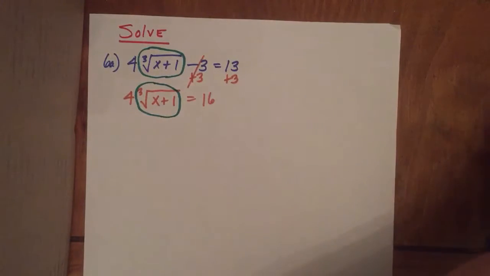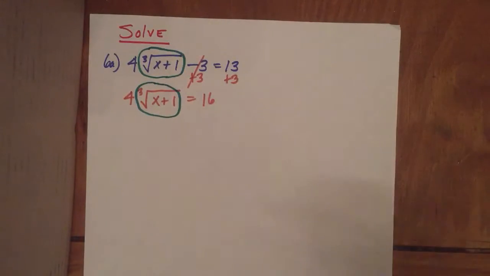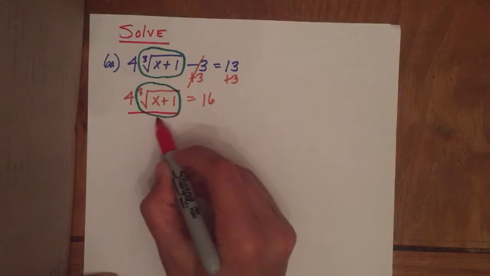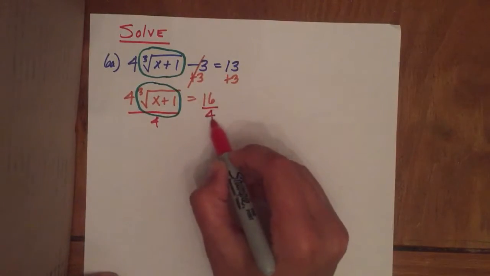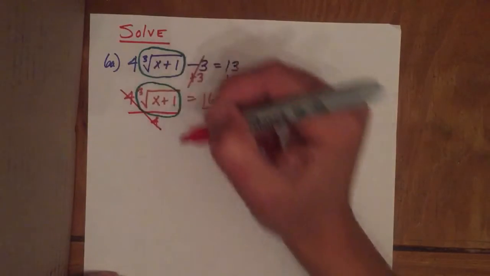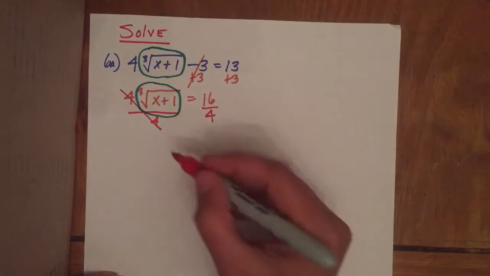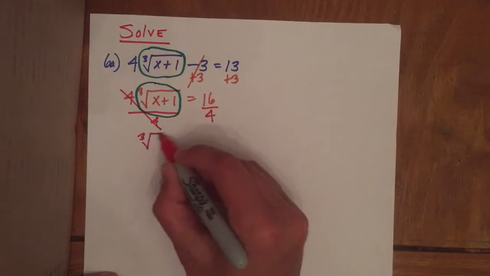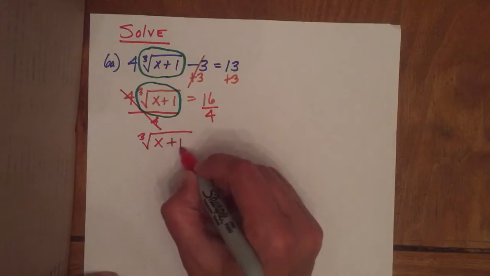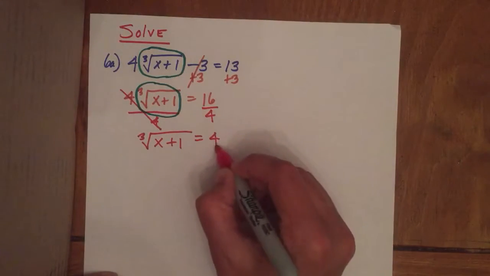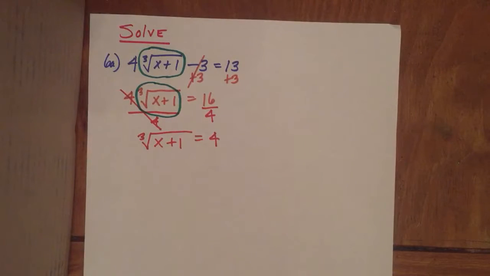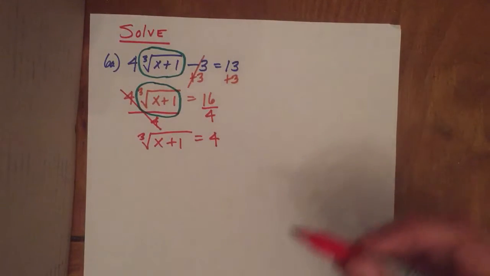I'm going to divide both sides by 4. That gets rid of the 4's here because 4 divided by 4 is 1. So that leaves me with the cube root of x plus 1 equals 4, because 16 divided by 4 is 4.